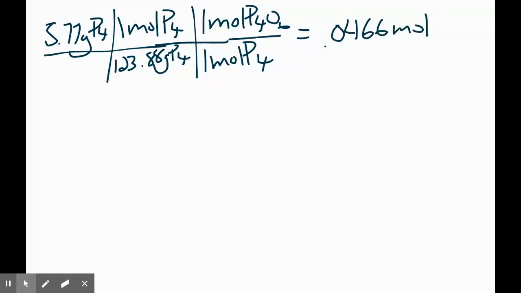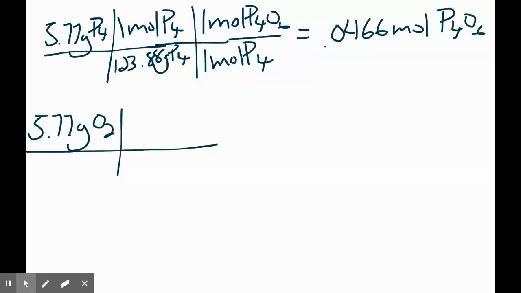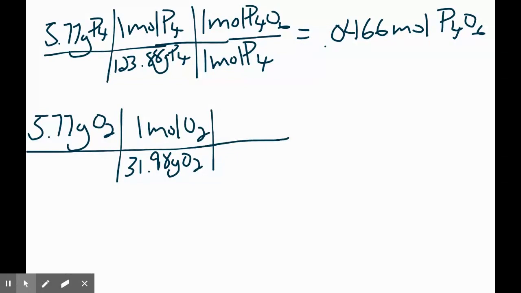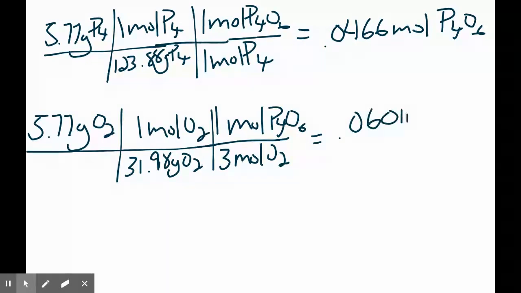So when you calculate that, you get 0.0466 moles of P4O6. Our second calculation is starting with 5.77 grams of O2 and convert to moles of O2. And then convert moles of O2 to moles of P4O6. So from the equation, there are 3 moles of O2 to every 1 mole of P4O6. So when you calculate that, you get 0.0601 moles of P4O6.